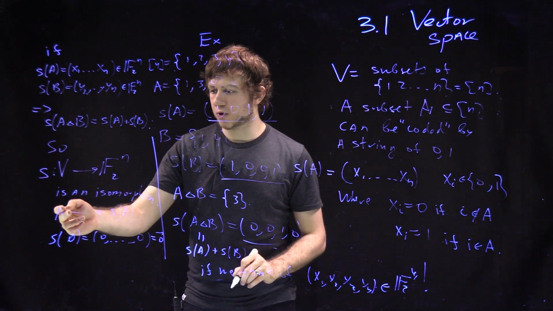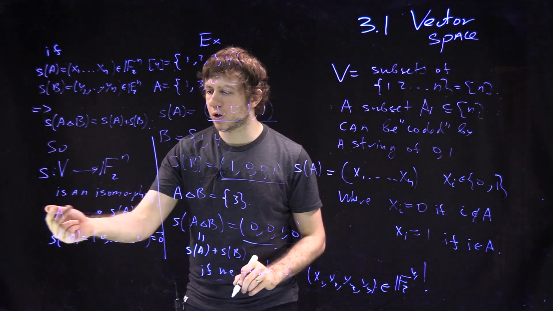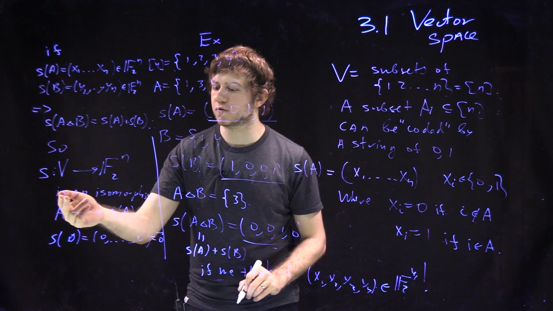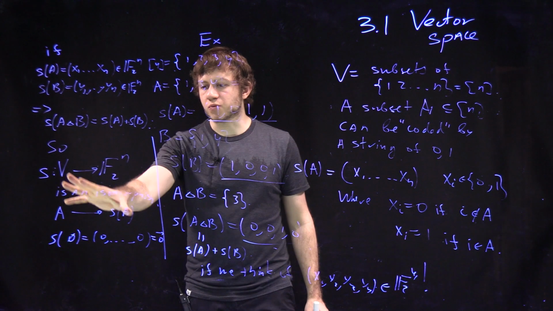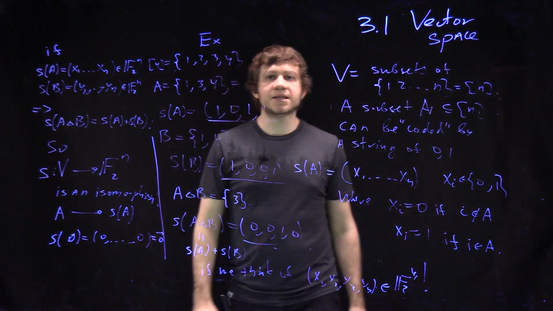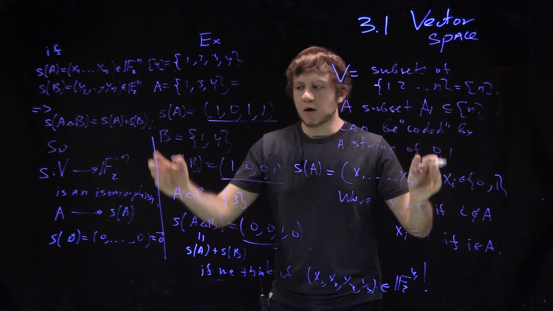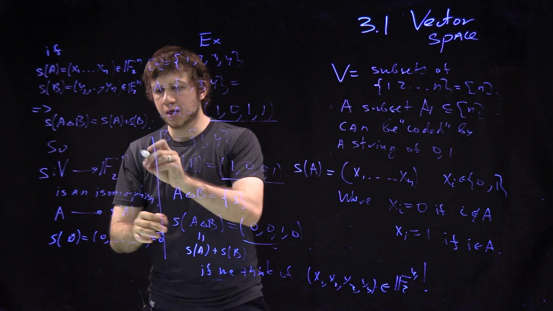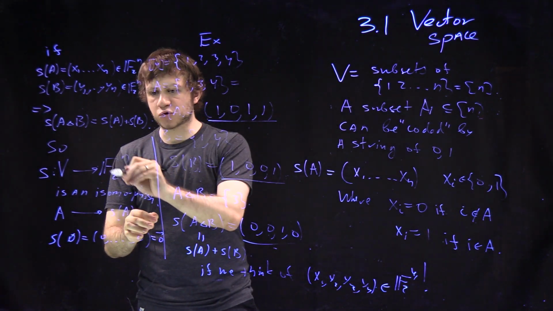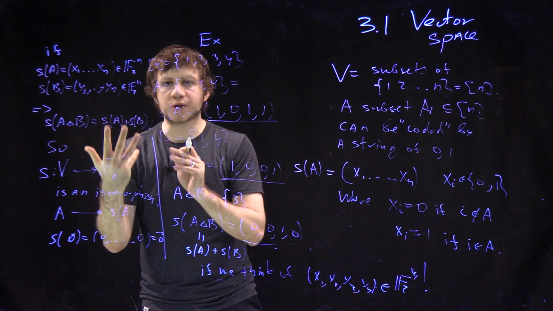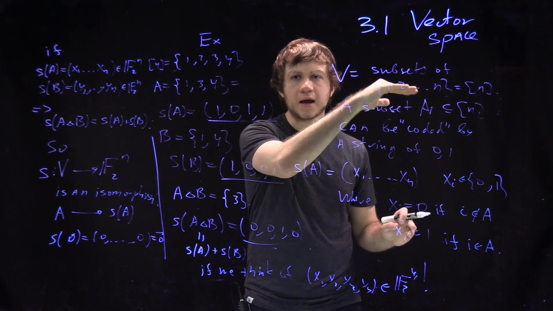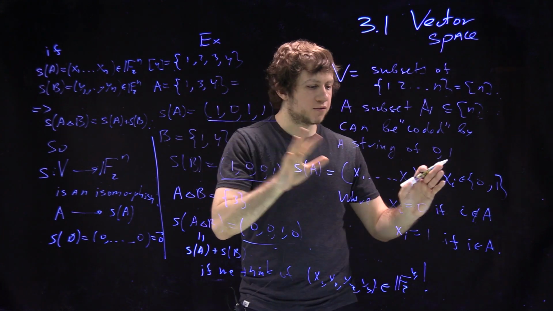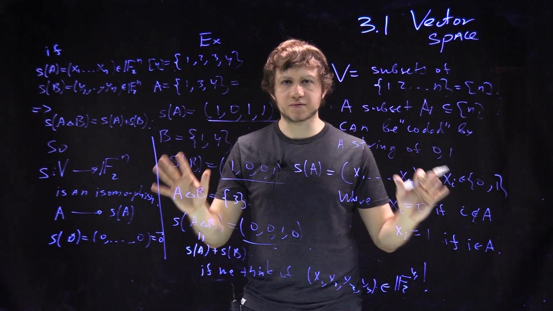When you rescale, you can multiply by 0 or by 1. If you multiply by 1, nothing changes. If you multiply by 0, you get 0. So you get an isomorphism. Now you see that this vector space F2 power n over the field with 2 elements has an interpretation: you can think of it as all subsets of a set with n elements, with the wonderful operation being symmetric difference.